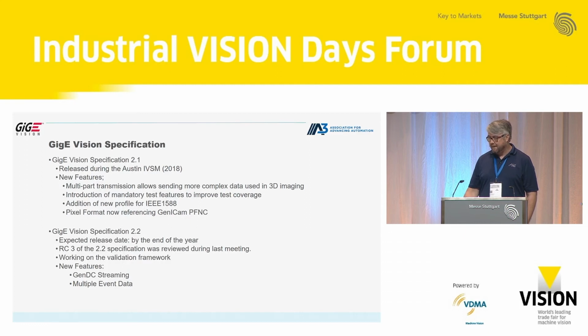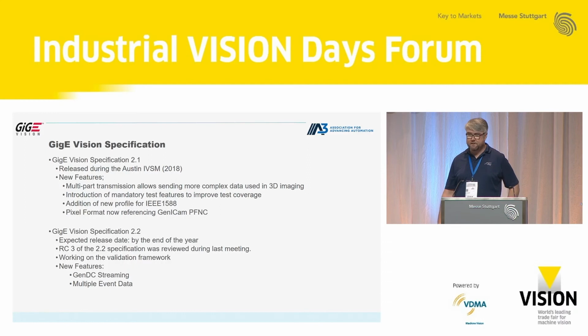So for GigE Vision 2.2, we've been working on it for quite some time now. We hope to have it out by the end of this year. There's currently a release candidate version 3 of the spec available, which has been in discussions and under review for the last several months now.